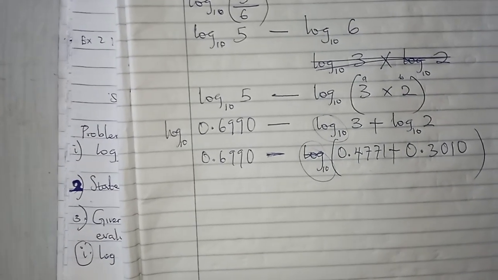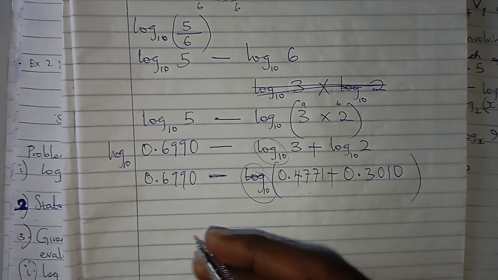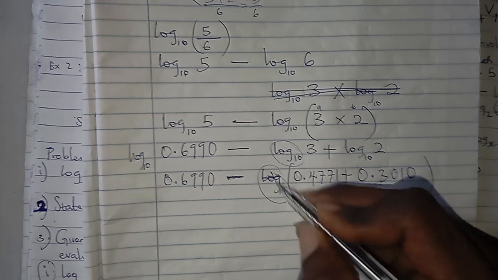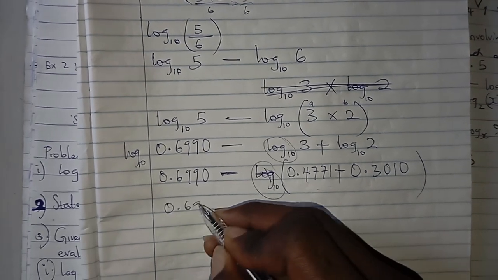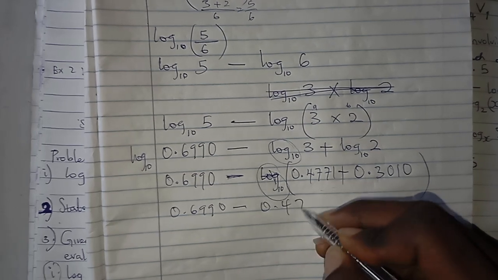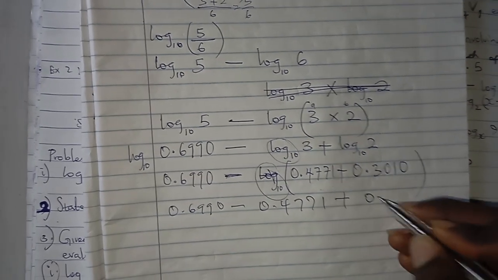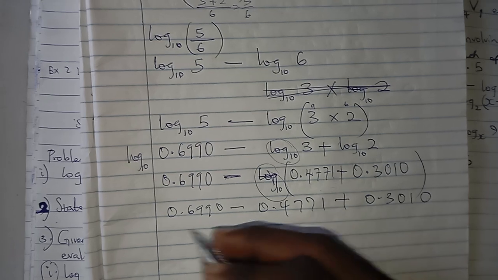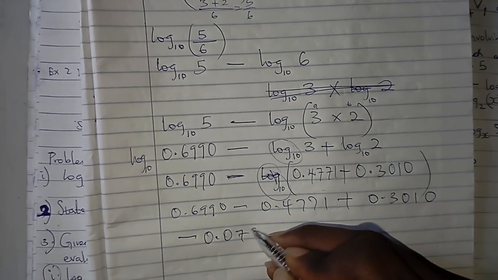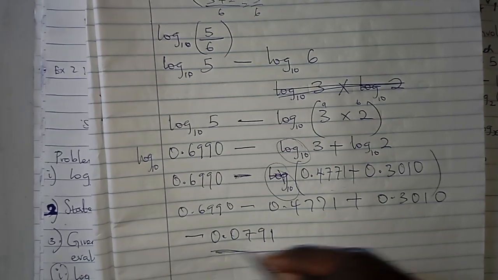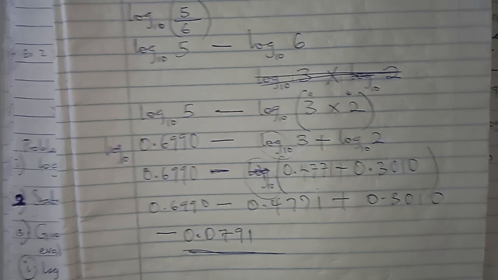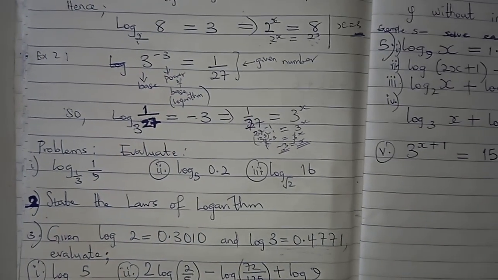Now, if you do 0.69990 minus 0.4771 plus 0.3010, punch your own, you will get 0.0791 as your answer. Okay, so let's move to the next question.